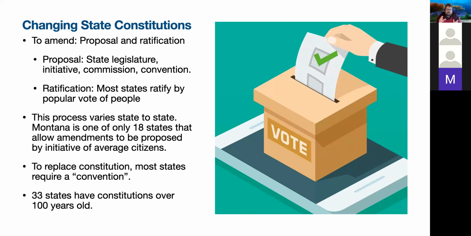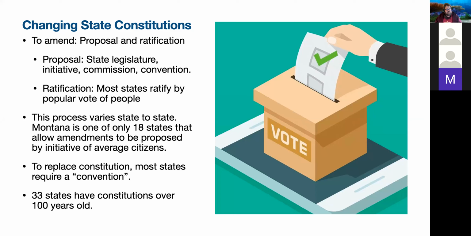You're not saying you necessarily agree with it, but you think people should be able to vote yes or no. If enough people sign that petition, and it's a kind of formula based upon legislative districts, a certain number of people in each legislative district have to sign. The checking of that is a pain in the tuchus, by the way. So in Montana, that can happen. You, me, the guy down the street can write an initiative.